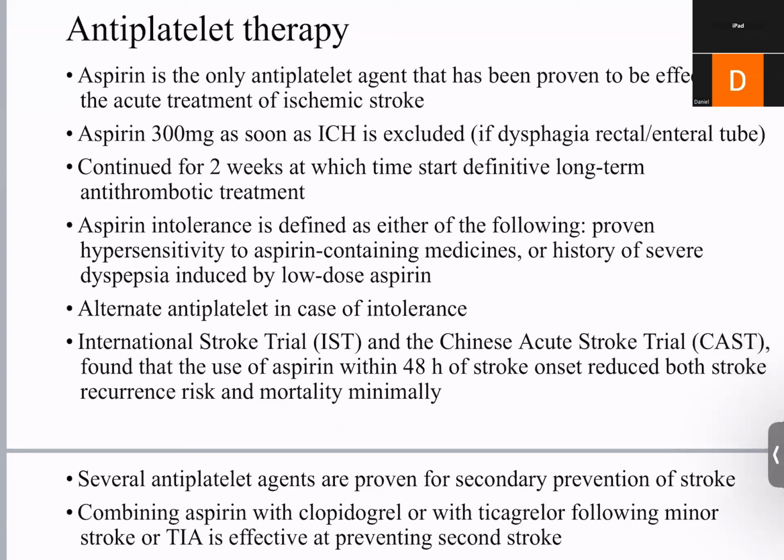NICE 2022 suggests to continue for 2 weeks initially, and then dose modifications. Some patients may be aspirin intolerant. Aspirin intolerance is defined as either proven hypersensitivity to aspirin containing medicines or history of severe dyspepsia induced by low dose aspirin.